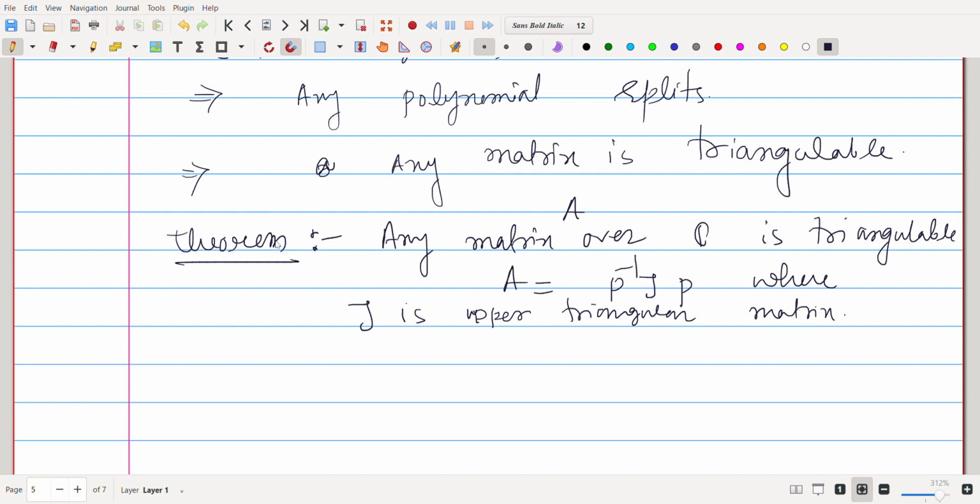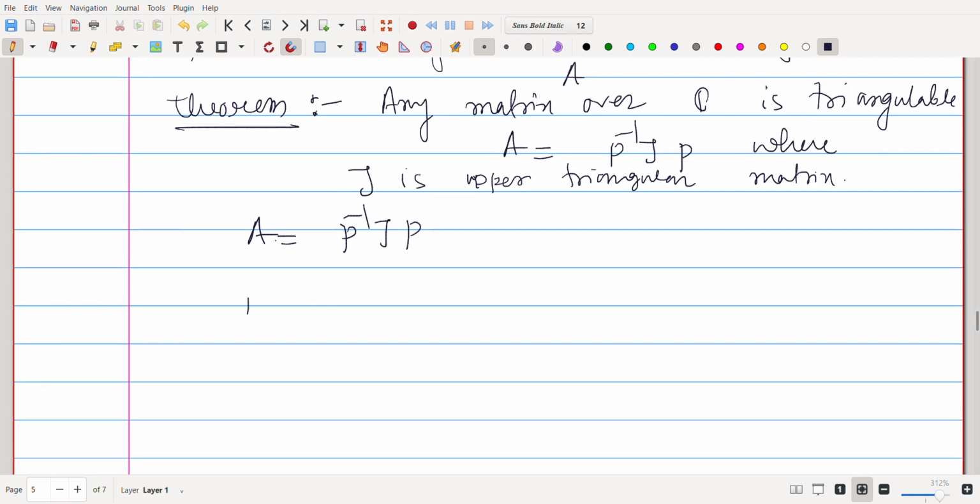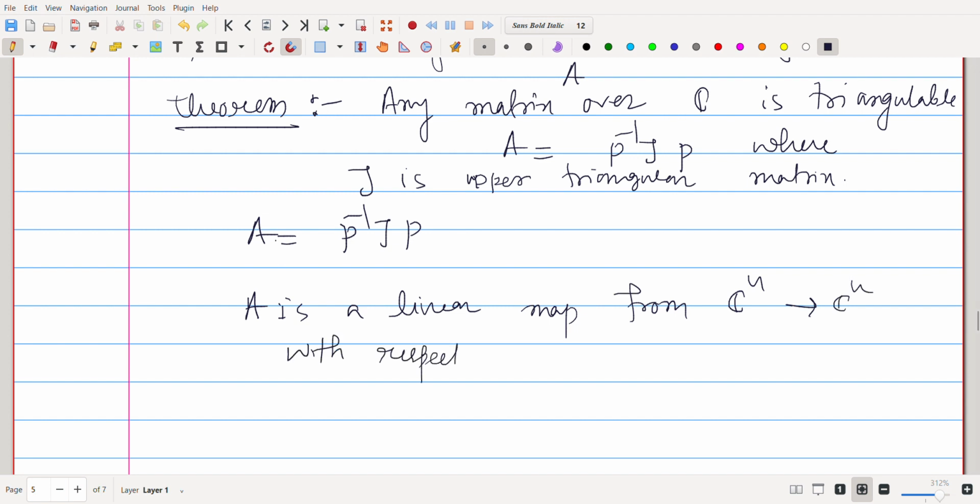Now the options are very easy. So if A equals P inverse JP, what is its meaning? You can think of A as a linear map from Cn to Cn with respect to the standard basis, right?